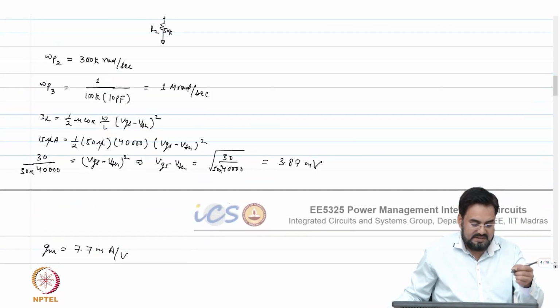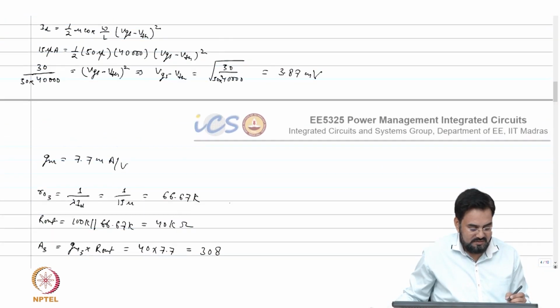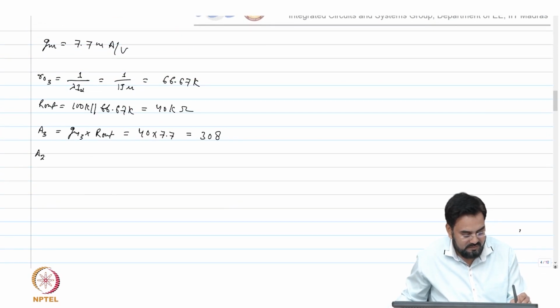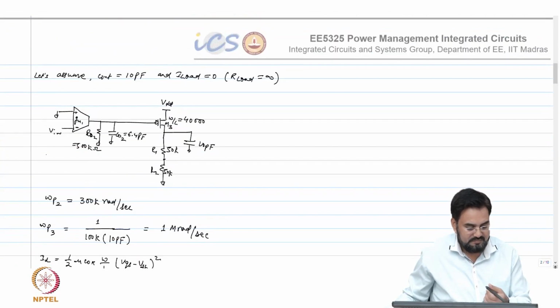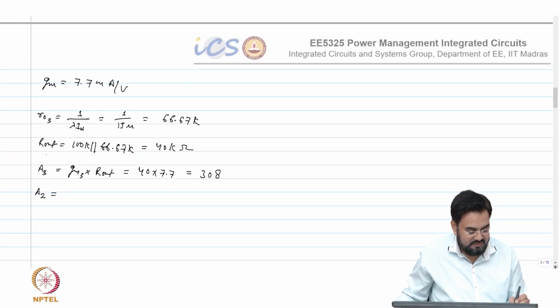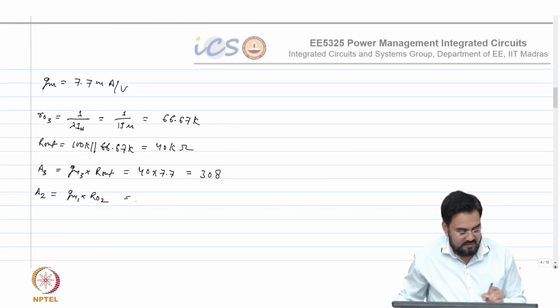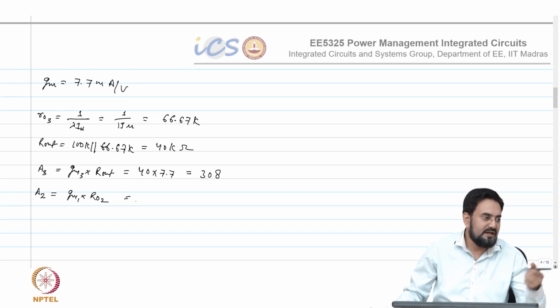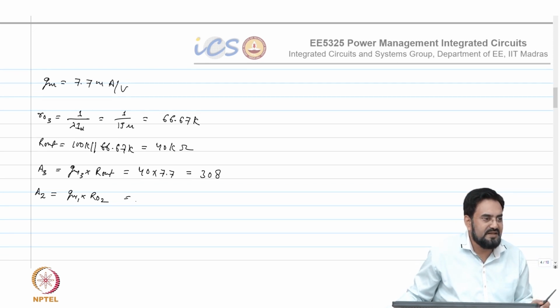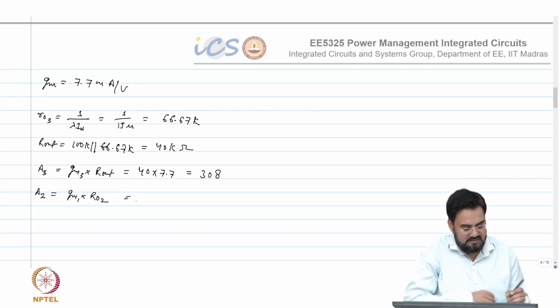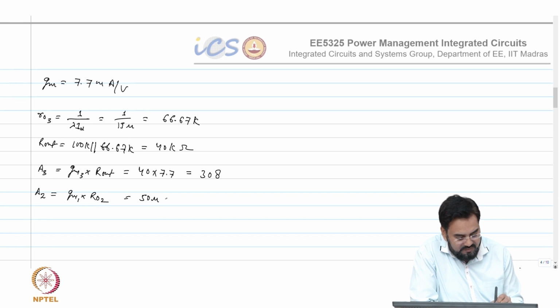And the gain of your first stage? A2. A2 equal to gm1 into RO2. What was the gm1? We calculated yesterday. 50 micro or something? 50 micro multiplied by 500K.